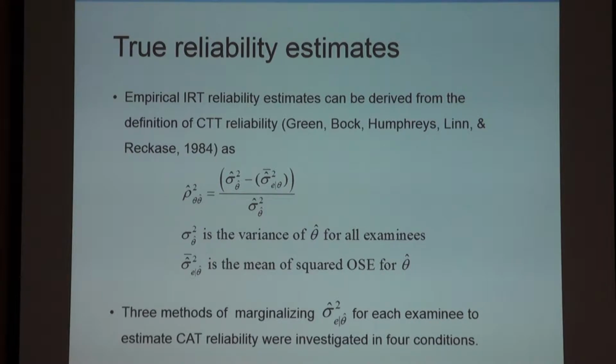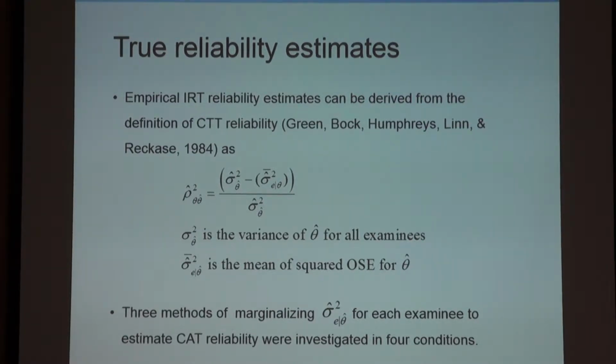The correlation between true and estimate equals the numerator, the variance of the estimate, kind of the observed variance, minus the error variance, as in classical test theory, divided by the denominator, again the variance of the estimate. This definition came from CTT, but we are going to use the true data and estimated data in IRT.